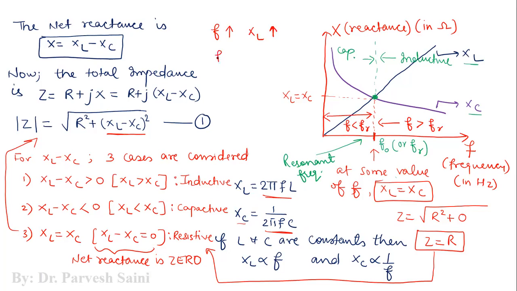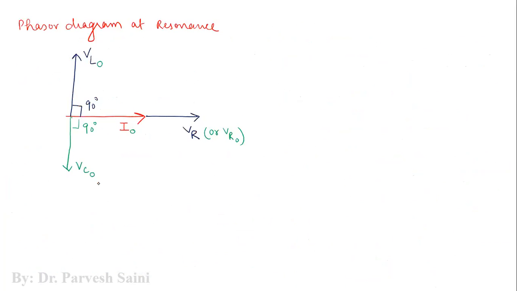If F decreases, XL also decreases, but XC will increase. So if XC increases, we have the second case. If XL increases, we have the first case. And at this F naught, we have the third case, which we say is the resonance condition in AC circuits.